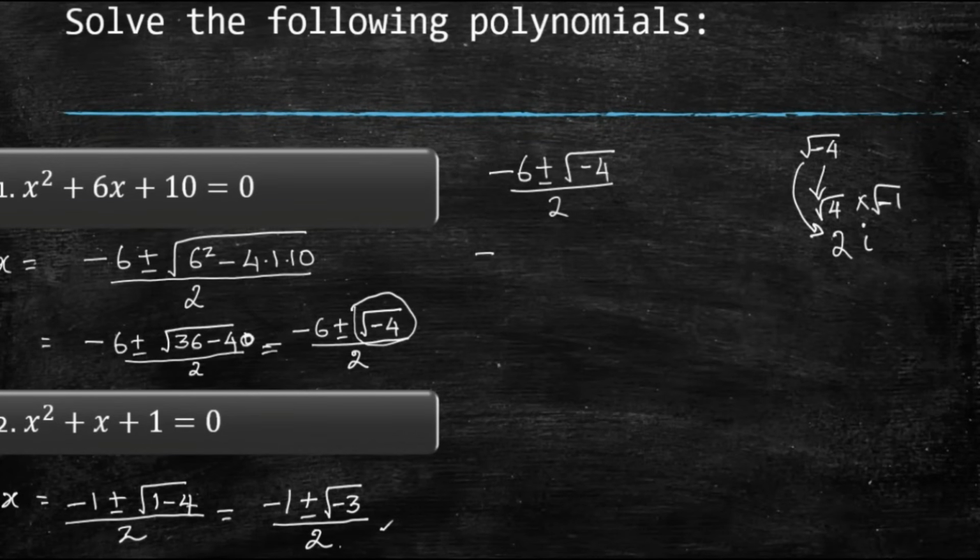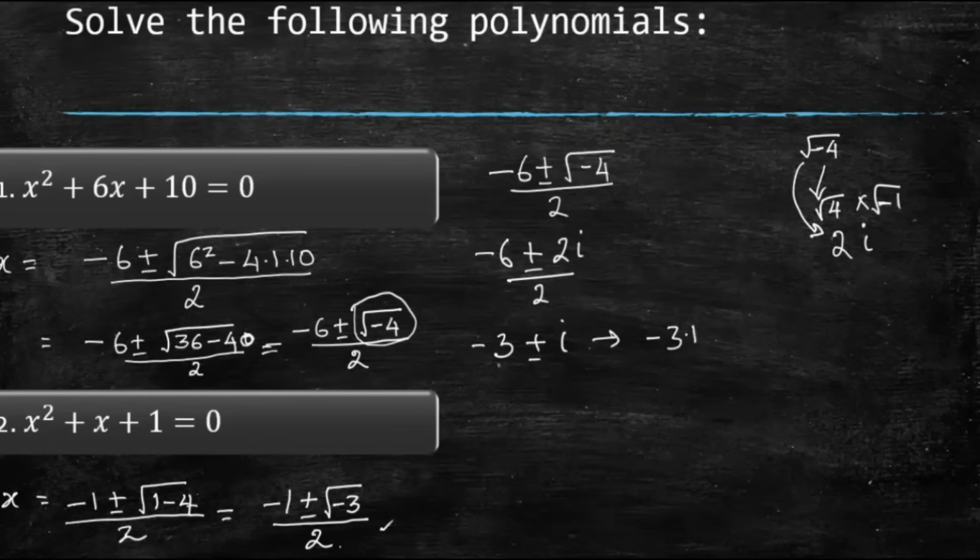So this can be written as -6 plus or minus 2i over 2. Or in short, if you simplify this further, this is -3 plus or minus i. Actually, -3 plus i is one answer and -3 minus i is another one. And you can see that they are conjugates of each other.